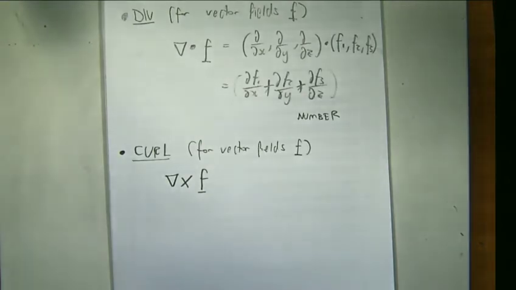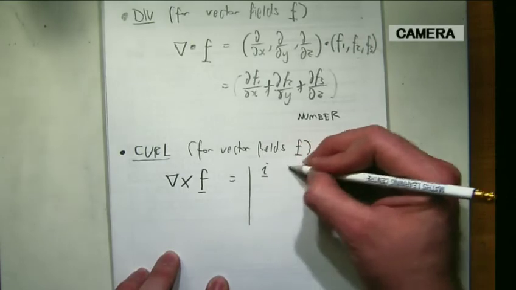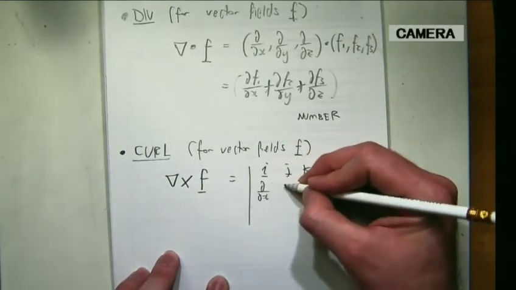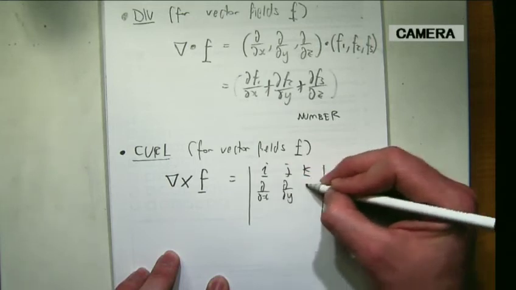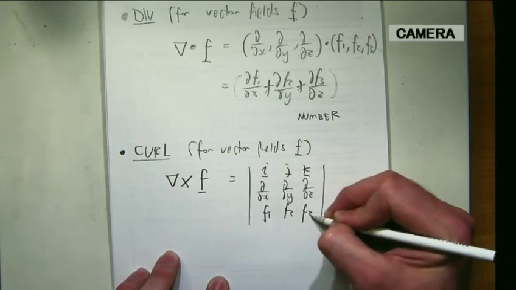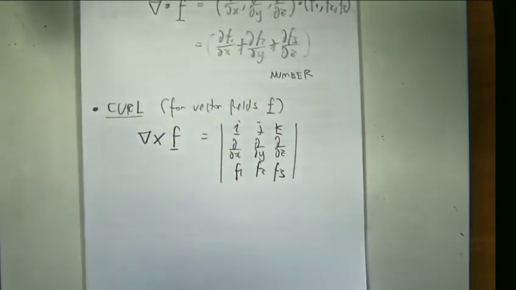Cross product, which means you'll do this, and you'll get something wickedly strange when you do that. So you'll go through all those little determinants.